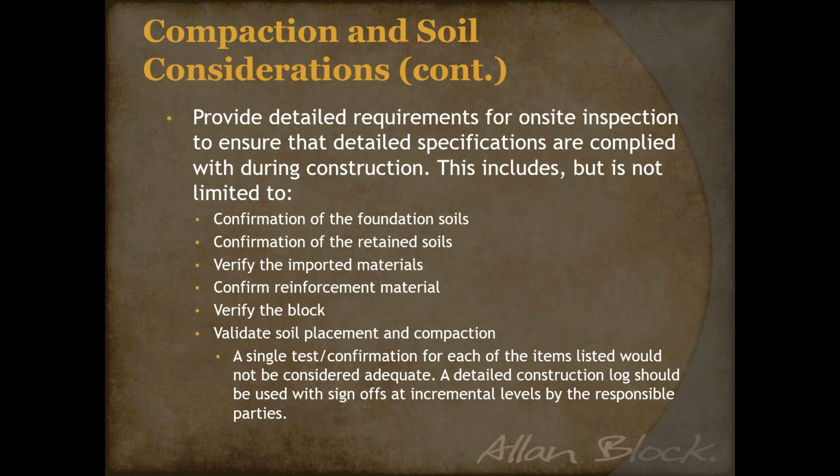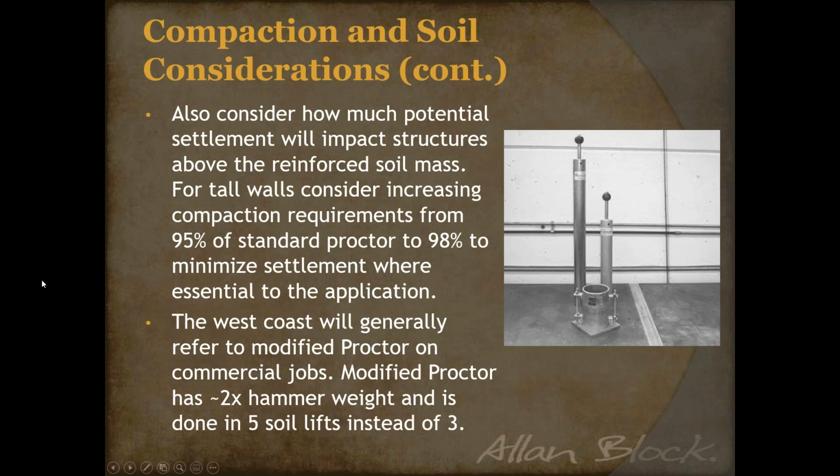Again, that's compaction. It should be highlighted. That's the biggest thing here with our taller wall applications, and just make sure that they are placed as your design is listed, whether that be a wall rock column, infill mass that's imported. Everything needs to be placed as it was designed during installation. So how this compaction is done typically is with a standard Proctor test.